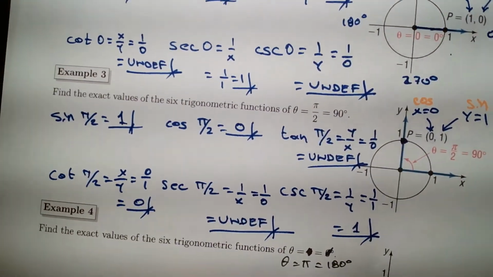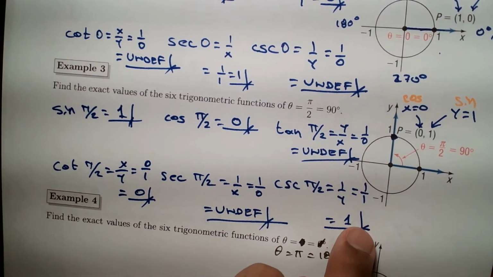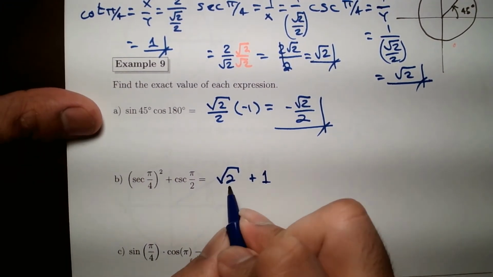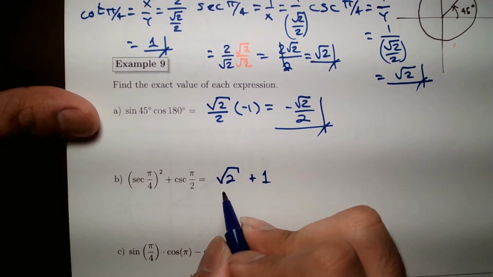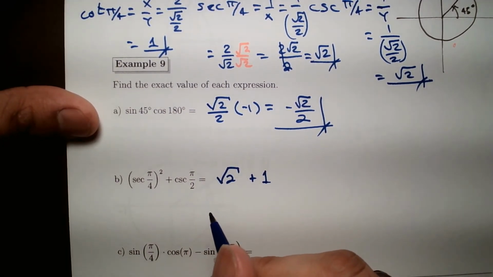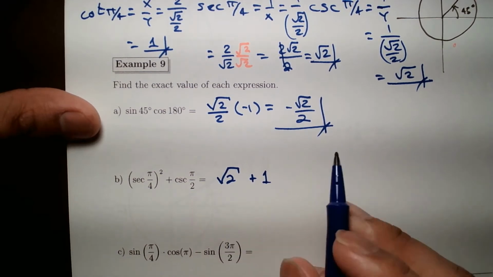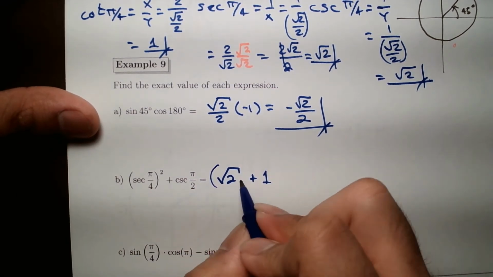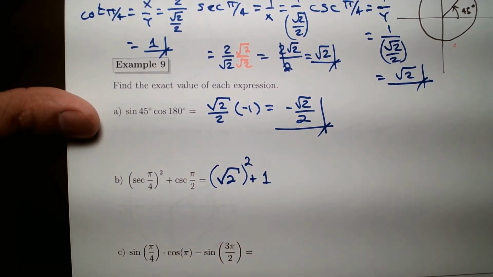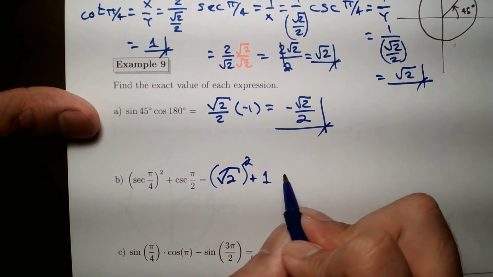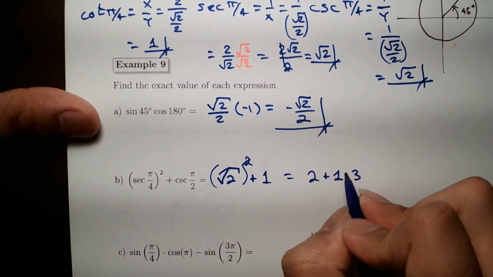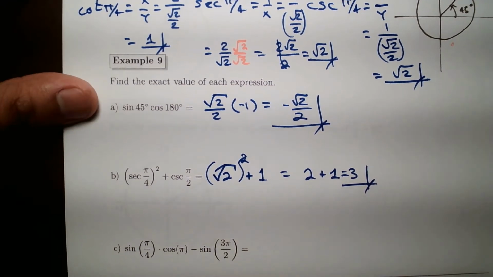Cosecant of pi over 2, that's 1. Square root of 2 plus 1 is simply square root of 2 plus 1. There's nothing really to simplify about this one. Oh, hold on a second. Actually, yes, this one has to be squared. And boom, boom, they cancel. That's 2 plus 1, which adds up to 3. Final answer is 3.